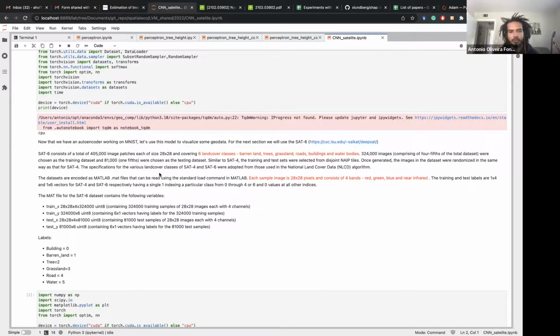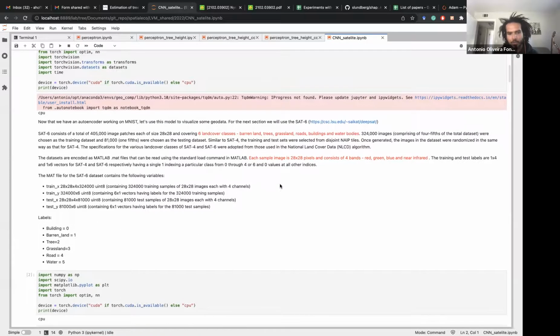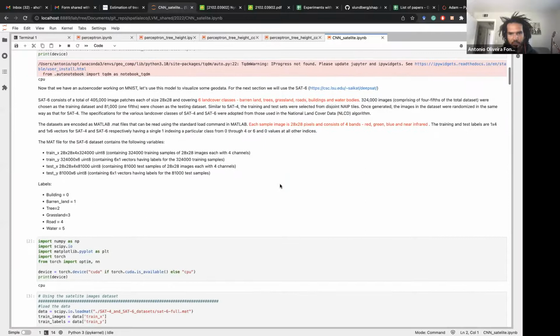For that, I'm going to use this dataset called set 6. There is also a set 4. The difference between them is that set 6 has 6 classes of images in the satellite dataset, and set 4 has only 4. I'm going to do the tutorial on set 6.